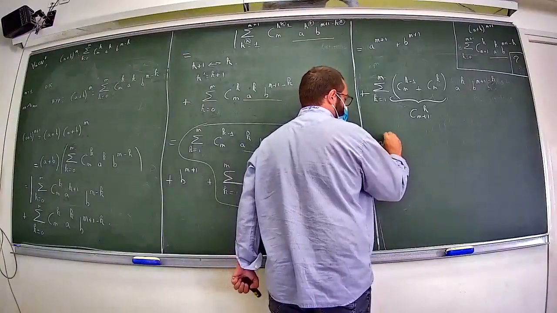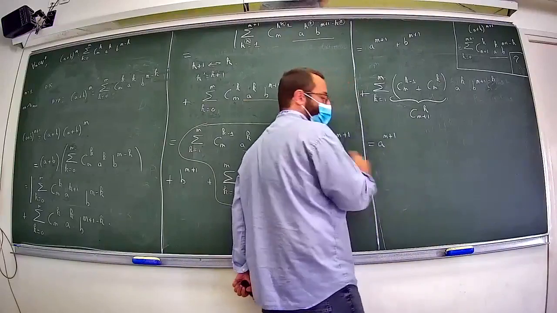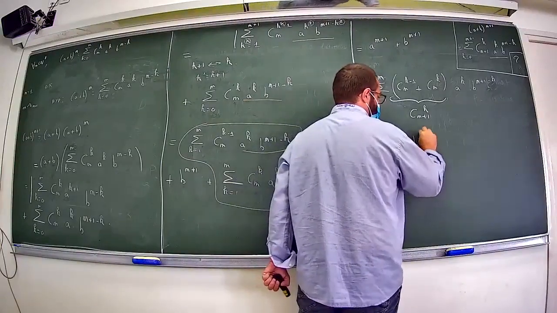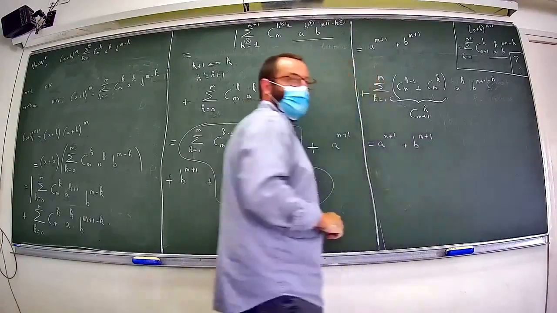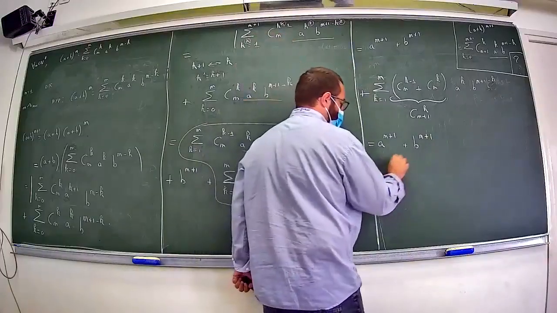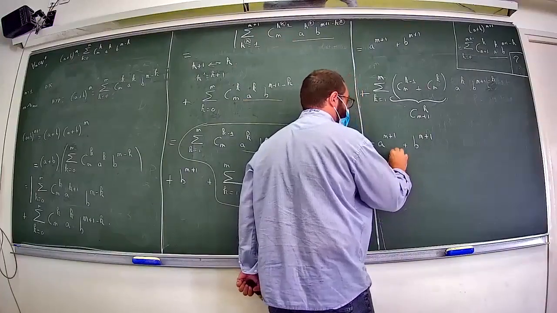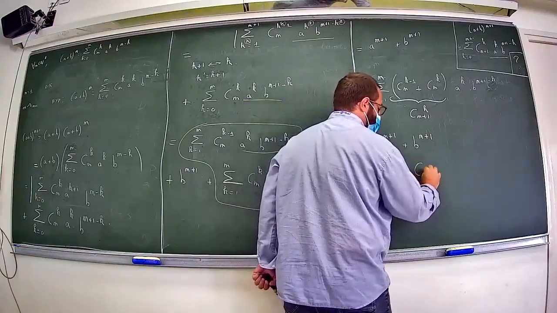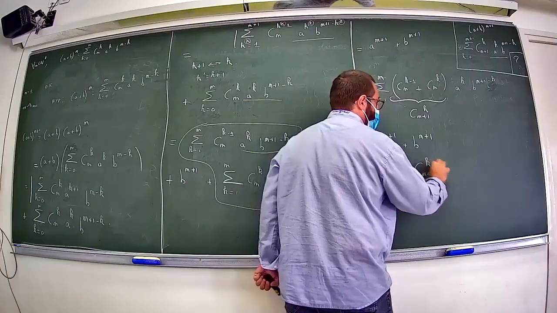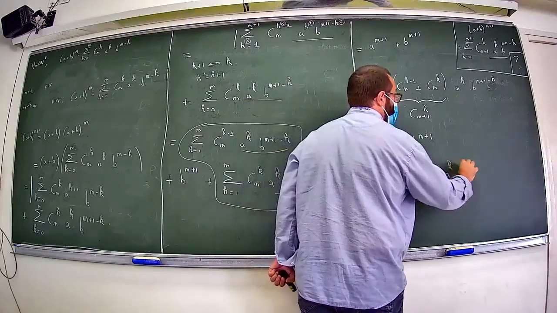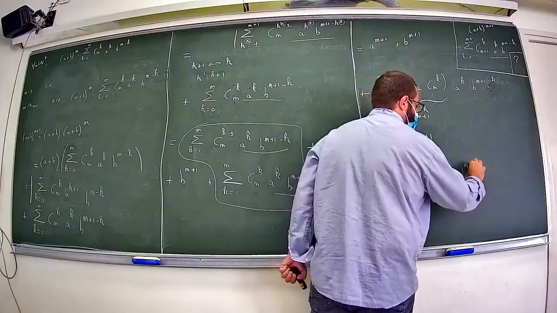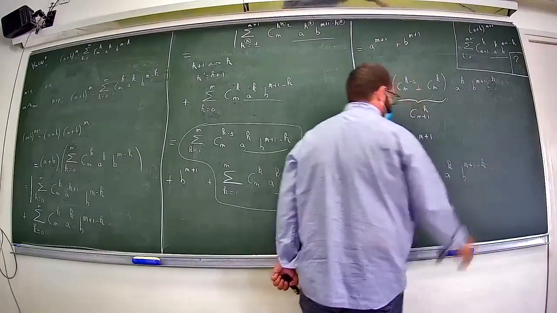I have a to the power n+1 plus b to the power n+1 plus the sum from k equal to 1 to n of C(n+1,k) a^k b^(n+1-k).